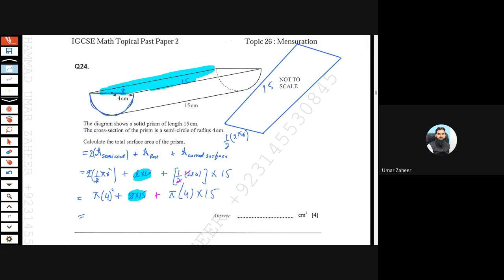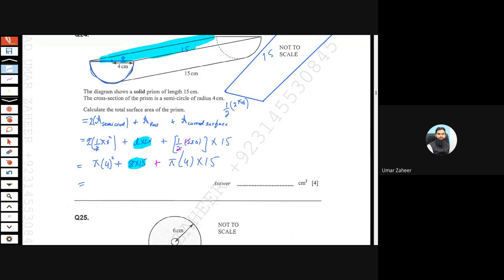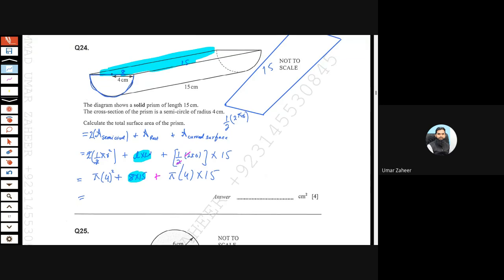Tell me the final answer. 358.76 centimeter square. Up to 3 significant figures, it is 359. Yes, clear? Yes, sir.